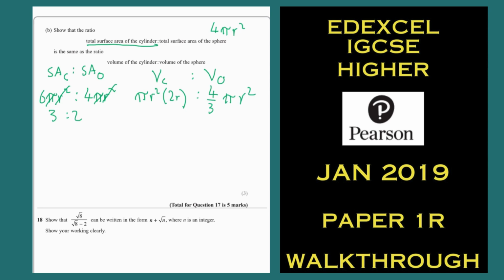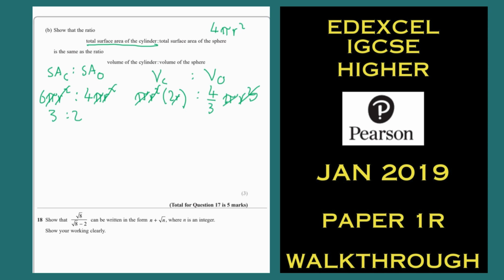Sorry, 4/3 pi r cubed. Lots of stuff cancels. The pi's are gone. There's an r squared and an r, which makes r cubed. They are gone. We're only left with a 2 on the left-hand side. We're only left with 4/3 on the right-hand side.